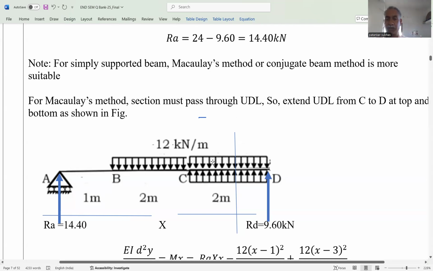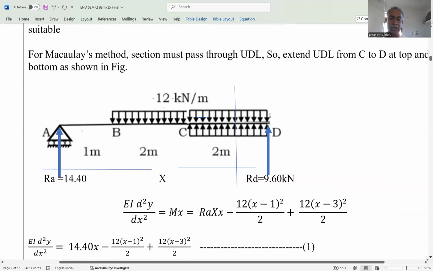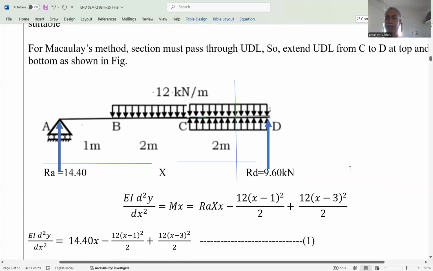That's why we extend the UDL from C to the right support D, and whatever UDL is extended, the same is extended from the bottom side, so that the effect is nullified. Therefore, we have taken the section in this way and apply the elastic curve equation.